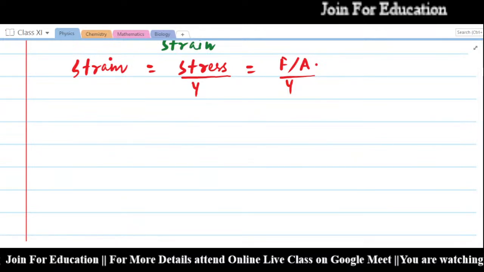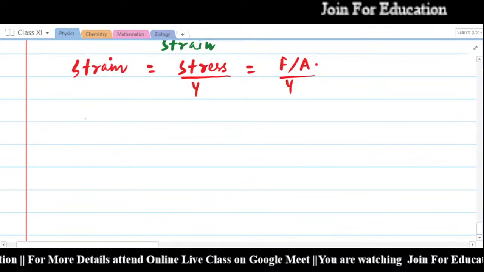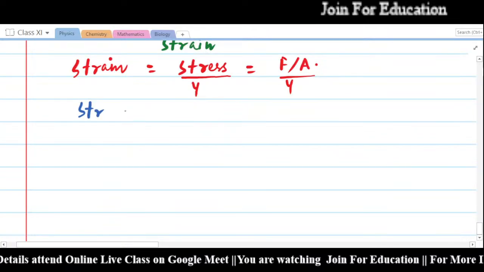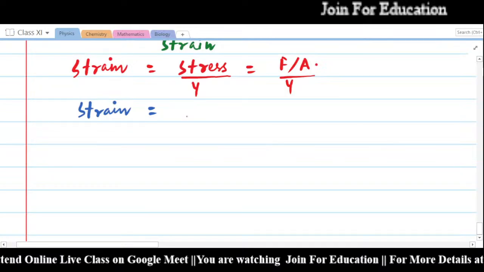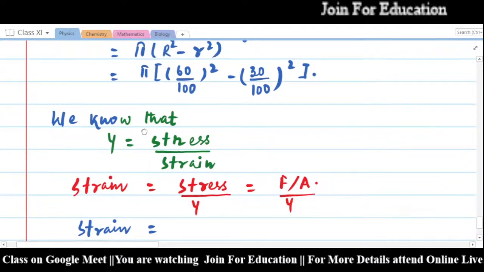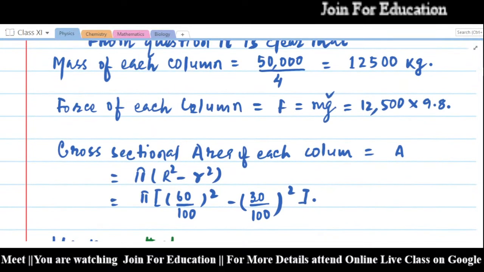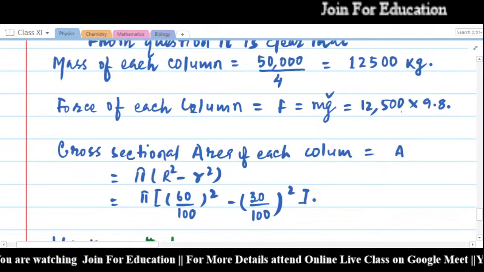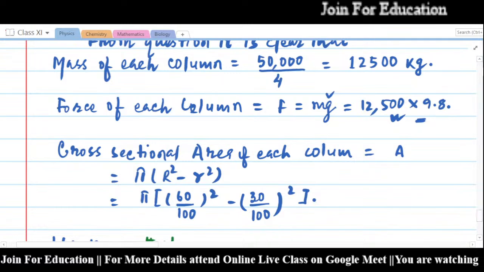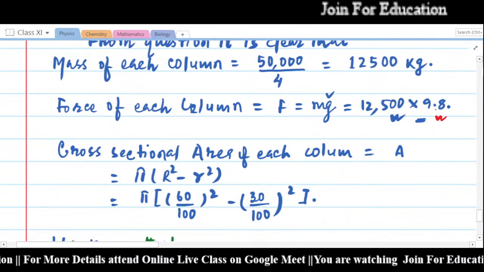So let's see, the next step will be strain equal to the value of F. The value of F is 12,500 into 9.8.